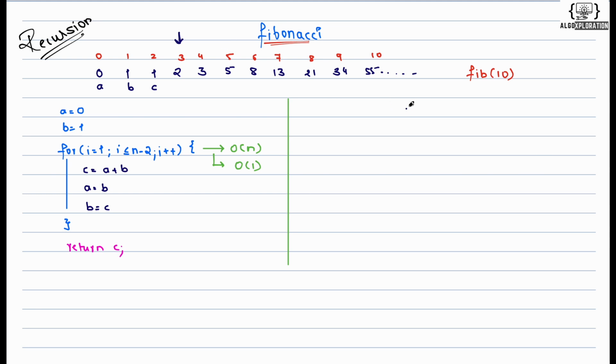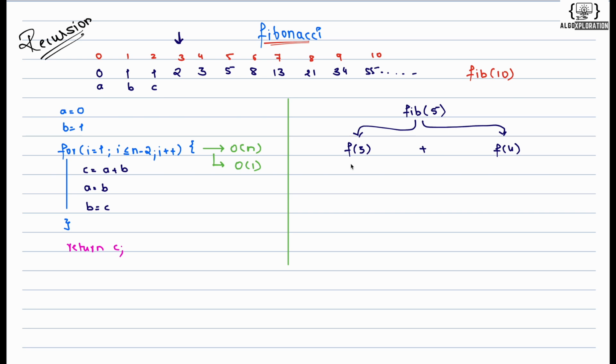I'll be writing Fib of 5, and this will be nothing but the Fibonacci of 3 and Fibonacci of 4. So f of 3, f of 4, and here there is an addition of them.